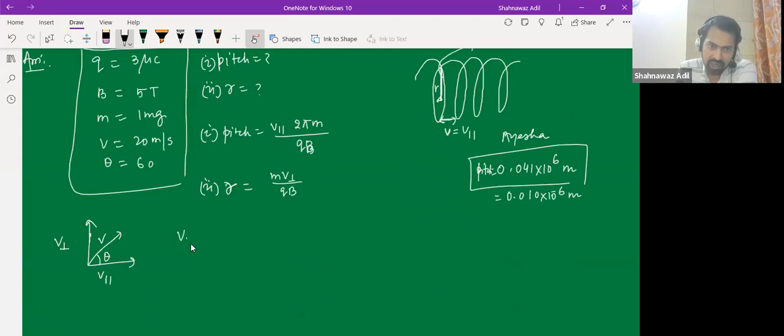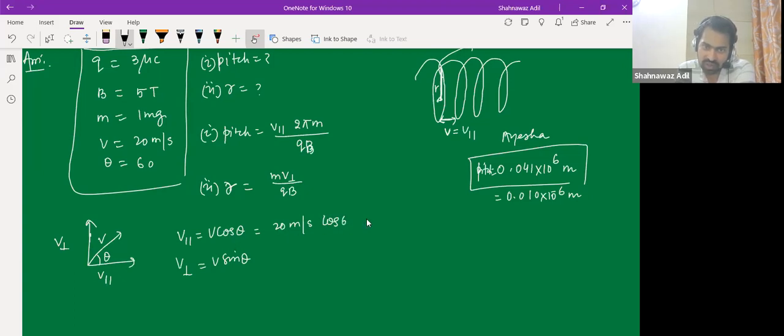V parallel is V cos theta and V perpendicular is V sin theta. So V is 20 meter per second, cos of 60 is half, so 20 into half is 10 meter per second.